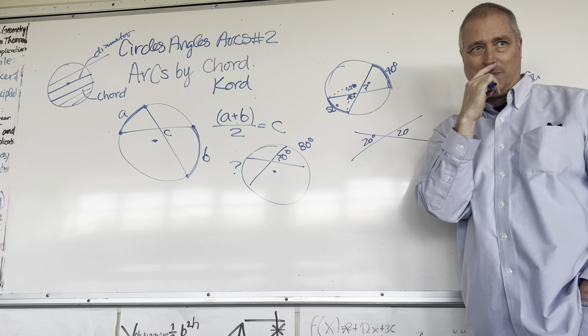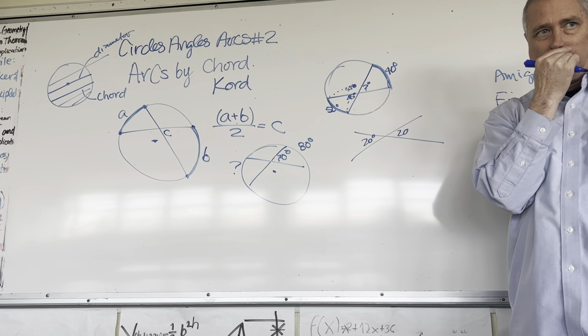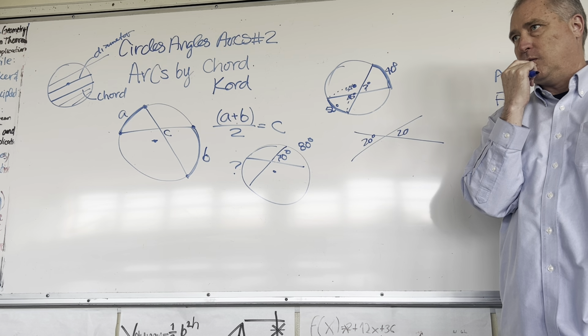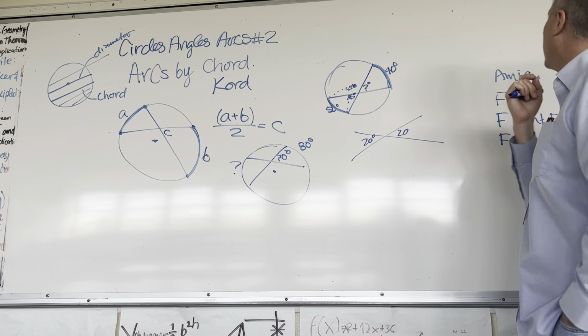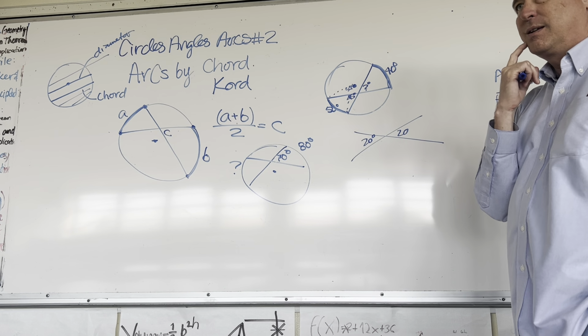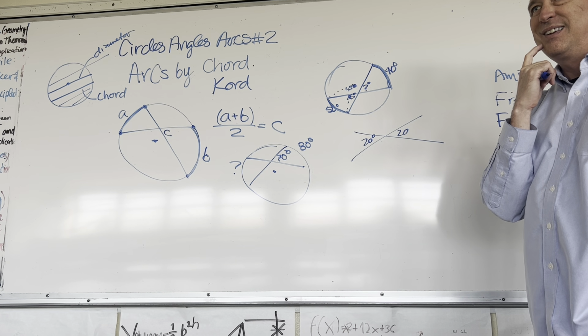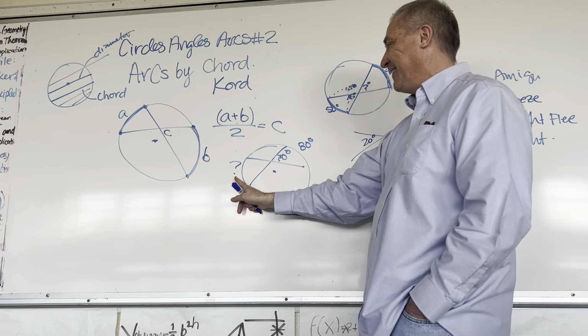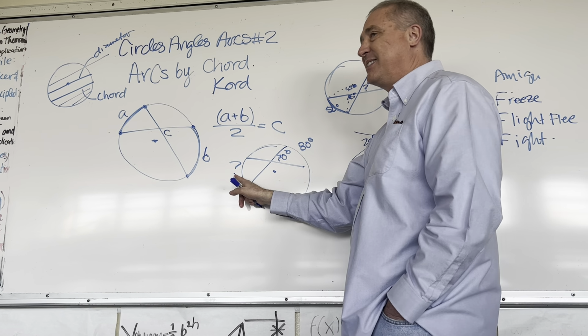Oh, almost got it. Did I mess it up? Did I distract you? What's it got to be, Sophia? What's this got to be? If this is 70, this is 80, what's it got to be?